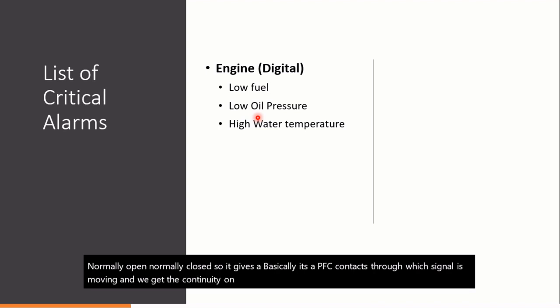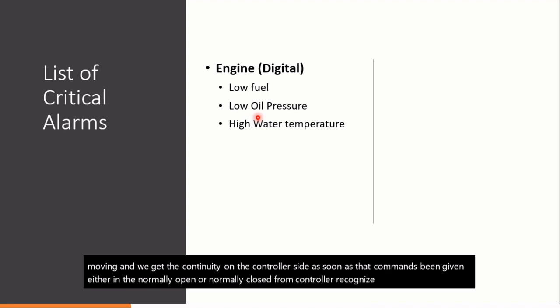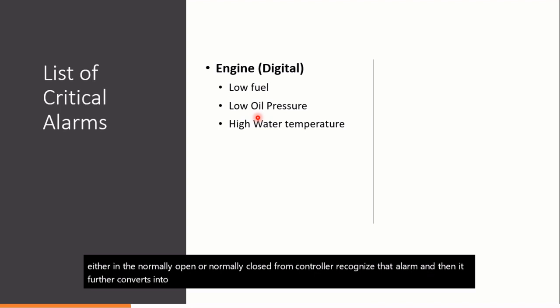As soon as that command has been given, either in normally open or normally closed form, the controller recognizes that alarm, and then it converts it to the output side, and it extends the alarm up to the NOC, and there is also an indication and a beep sound on the display of the controller.